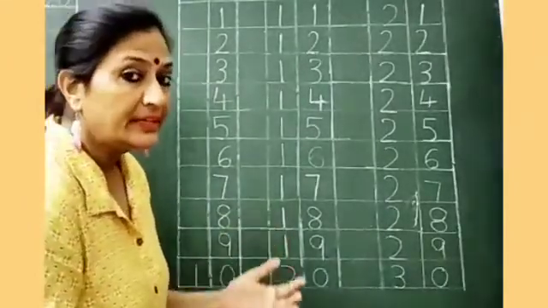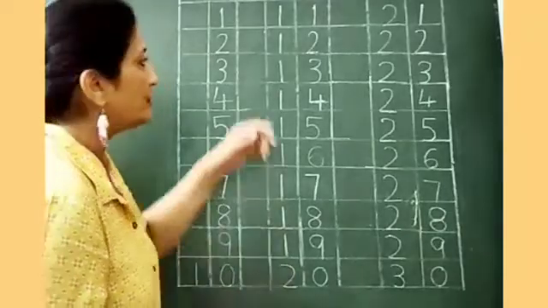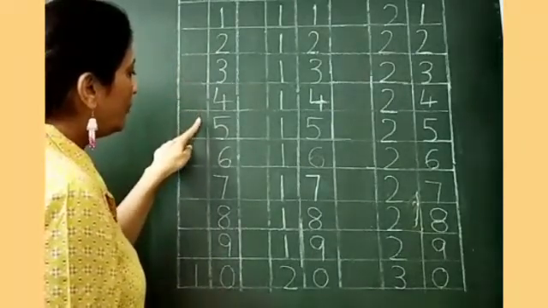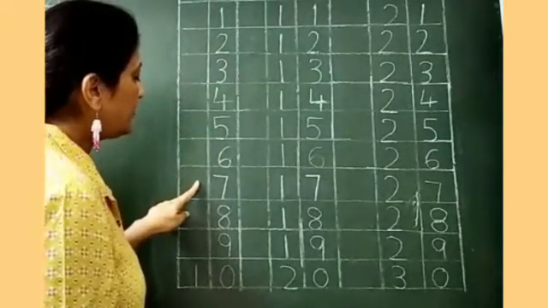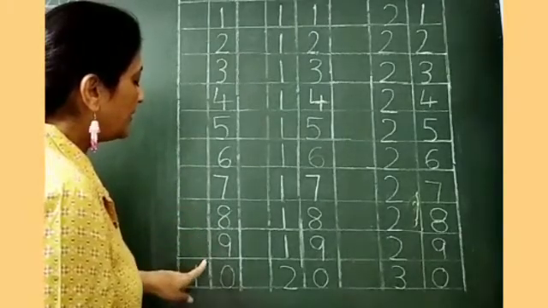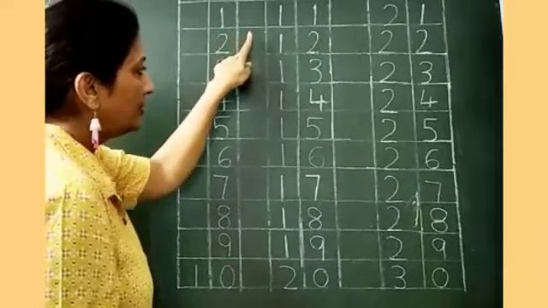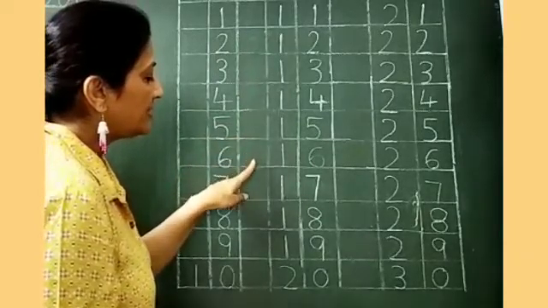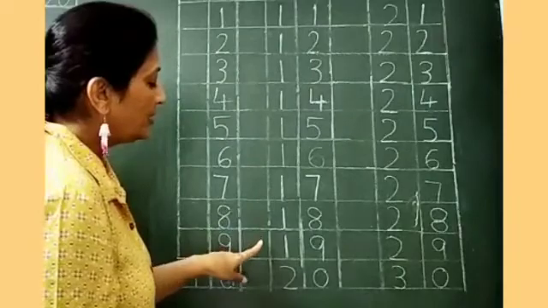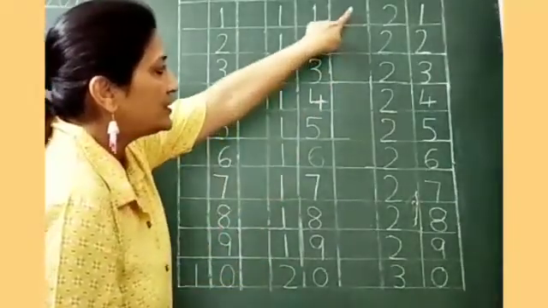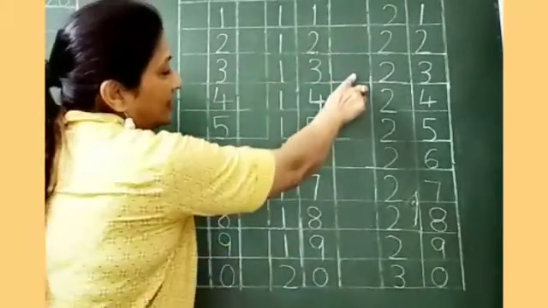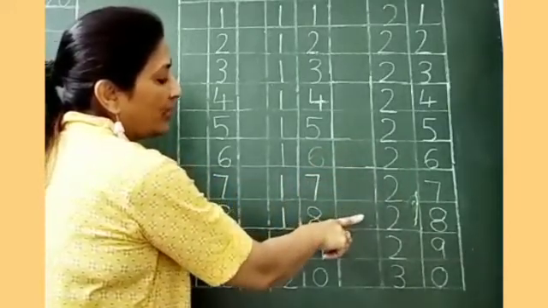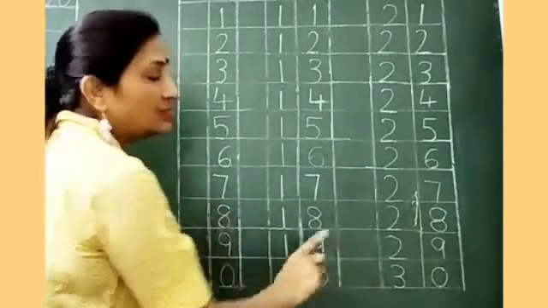Once again, let us read these numbers. You will all repeat after me. 1, 2, 3, 4, 5, 6, 7, 8, 9, 10, 11, 12, 13, 14, 15, 16, 17, 18, 19, 20, 21, 22, 23, 24, 25, 26, 27, 28, 29, 30.